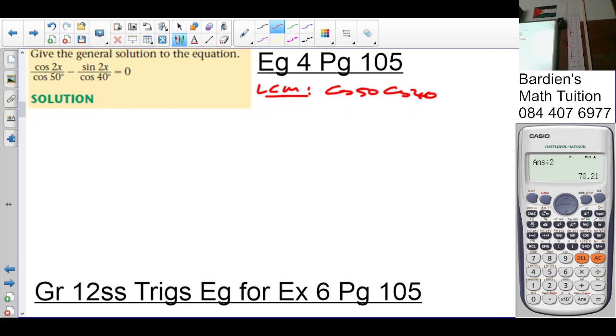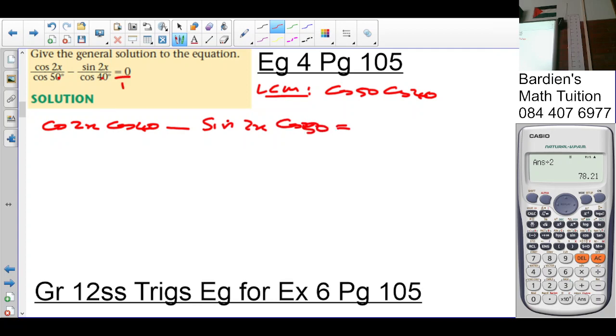Okay. So what must the first fraction be multiplied by? Cos 40. So it's going to be cos 2x times cos 40, minus. What must that fraction be multiplied by? That denominator, cos 50. That's going to be sine 2x cos 50 equals.